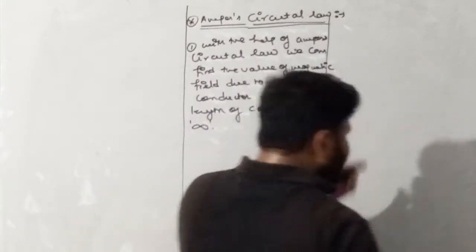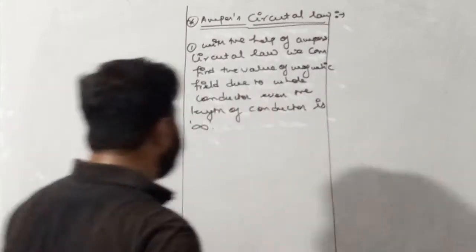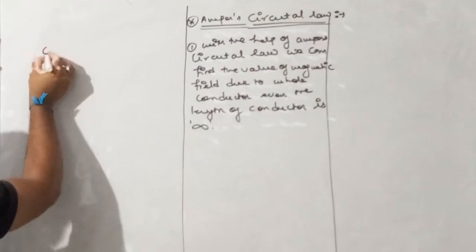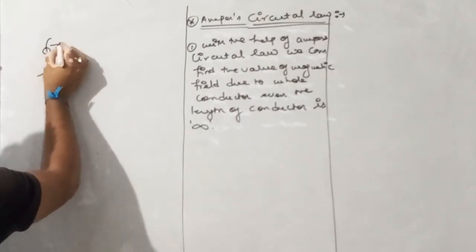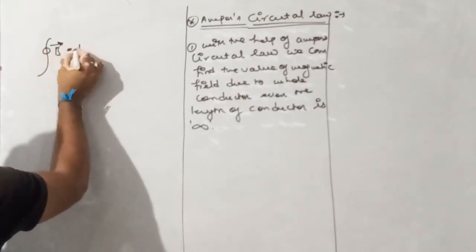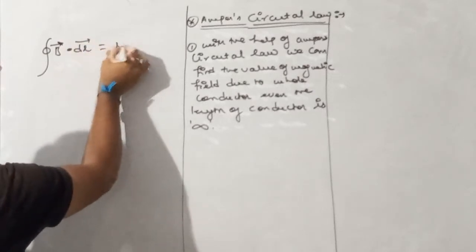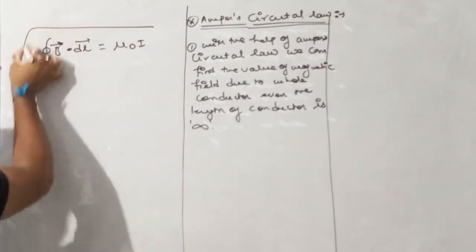Now see, just try to understand the formula, my dear students. The formula of Ampere's circuital law is closed integral of B vector dot dl vector equals mu naught I. Just write it down.